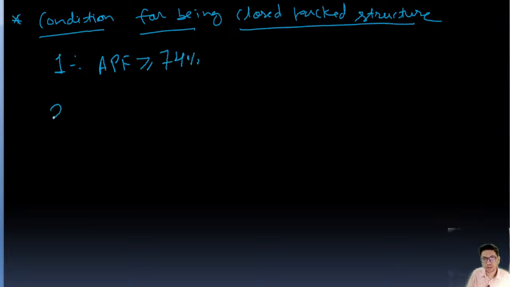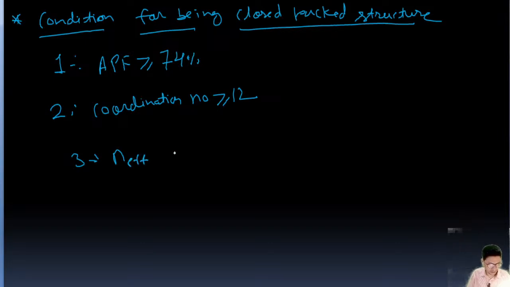Number two, the coordination number, that is the number of nearest neighbors, must be greater than or equal to 12. And the third condition is N effective must be greater than or equal to 4. If any crystal satisfies these three conditions, then that crystal is called a close packed structure.